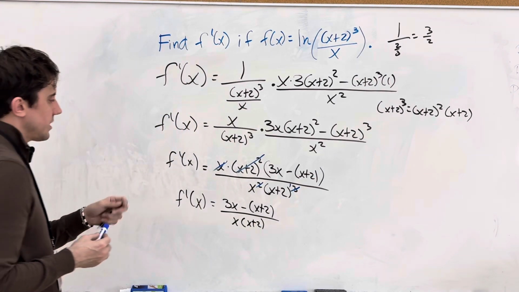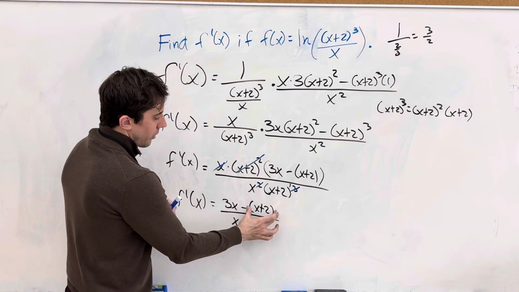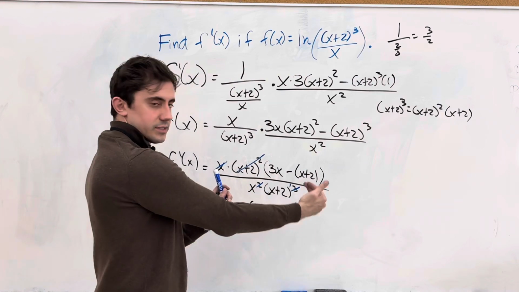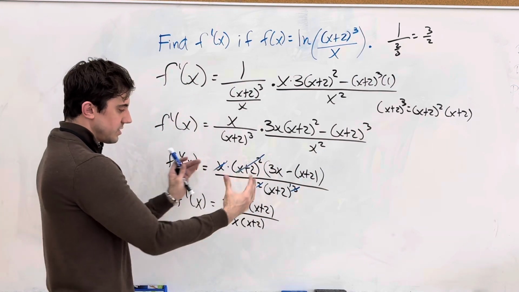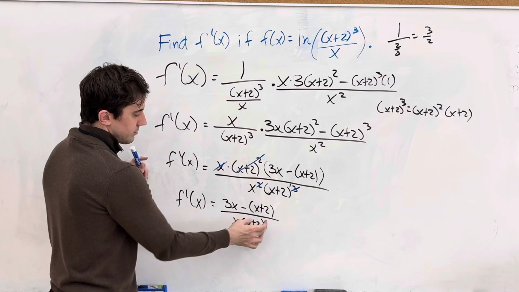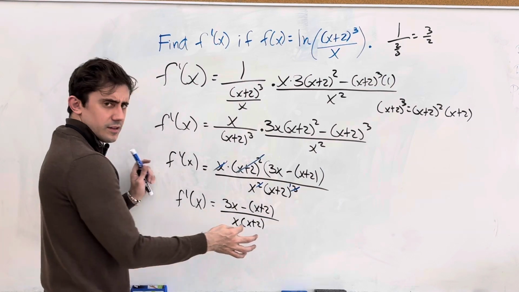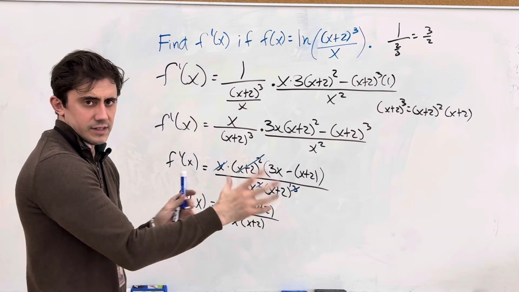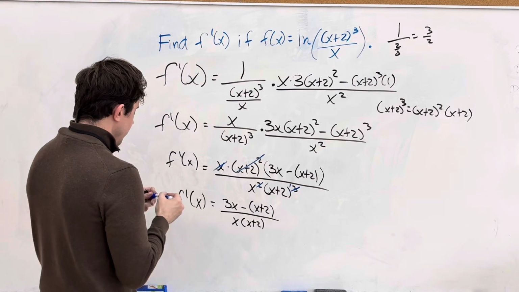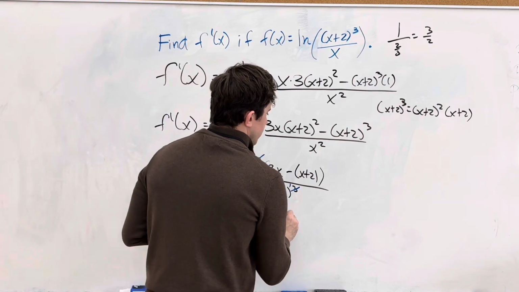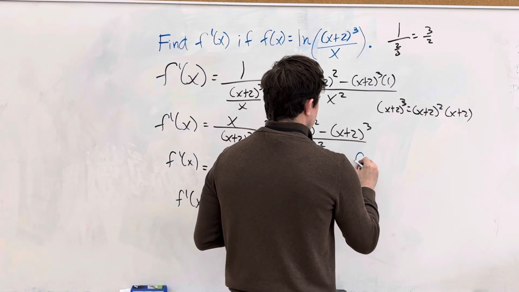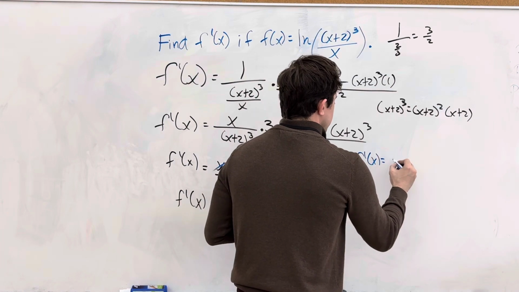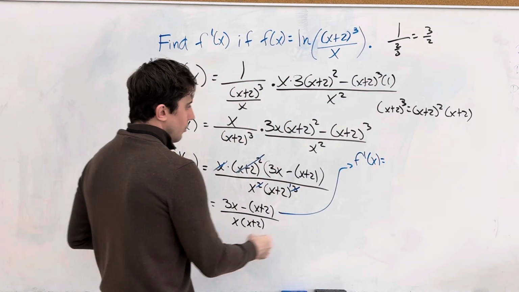And now I think the best thing we can do here is separate the two parts in the numerator as two separate fractions, because they're going to each cancel out something in the denominator, but it'll be a different thing in each part. So f prime of x is going to be 3x over the denominator.